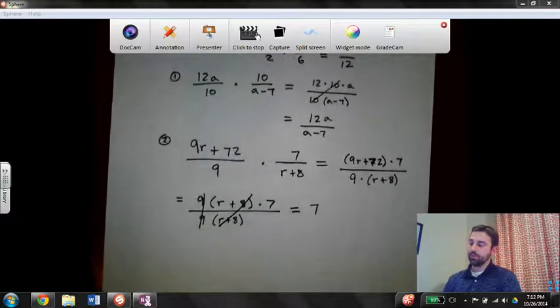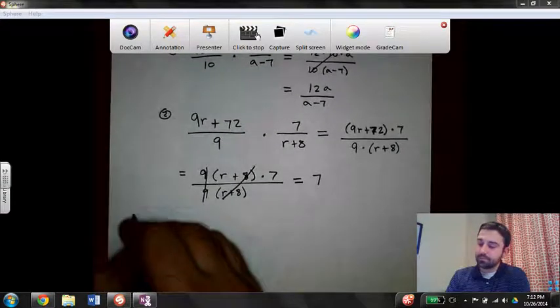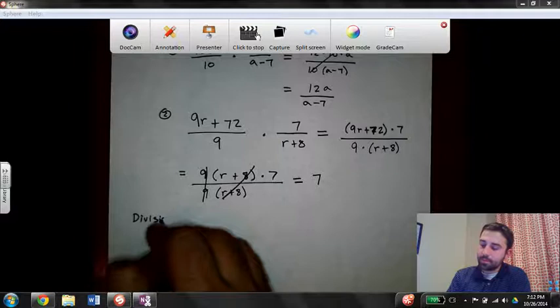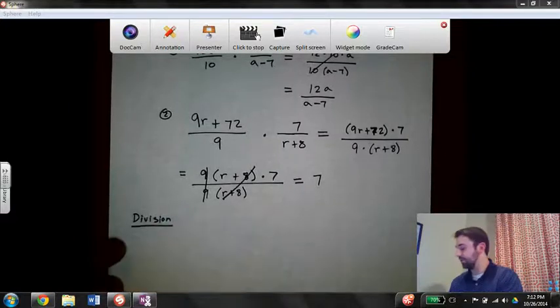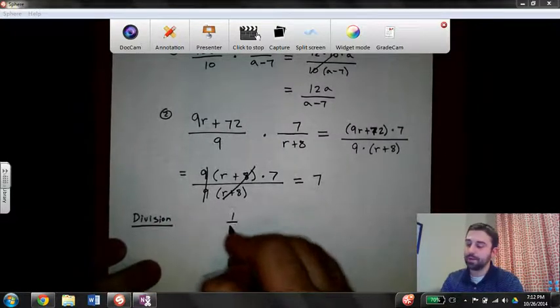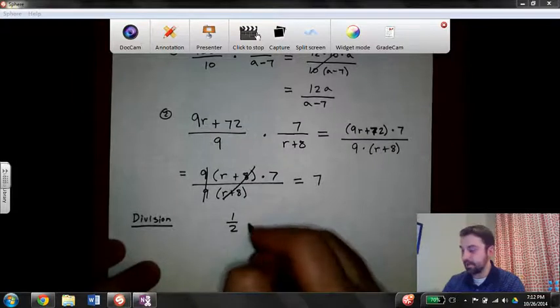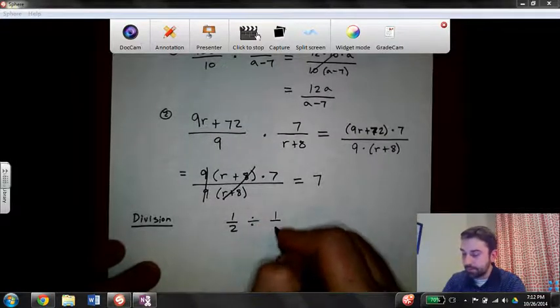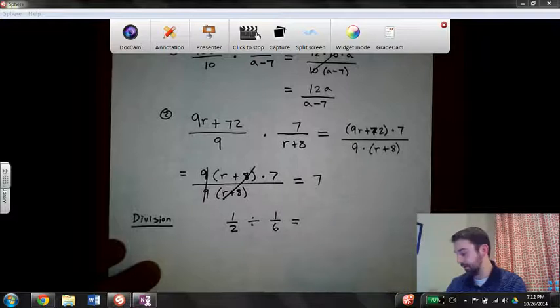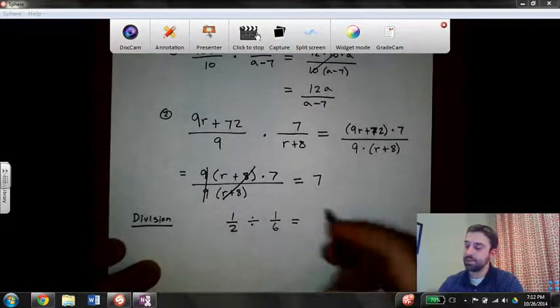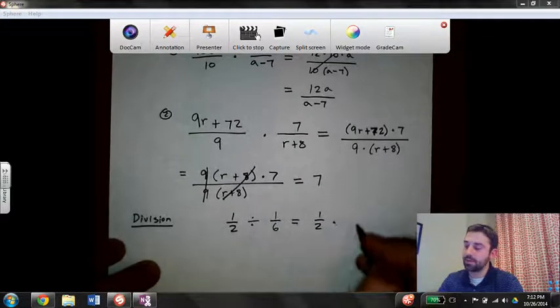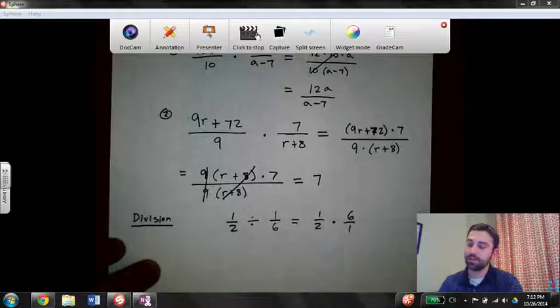So finally, our last operation is division. So a basic example, 1/2 divided by 1/6 is going to be the same as saying 1/2 times 6 over 1.